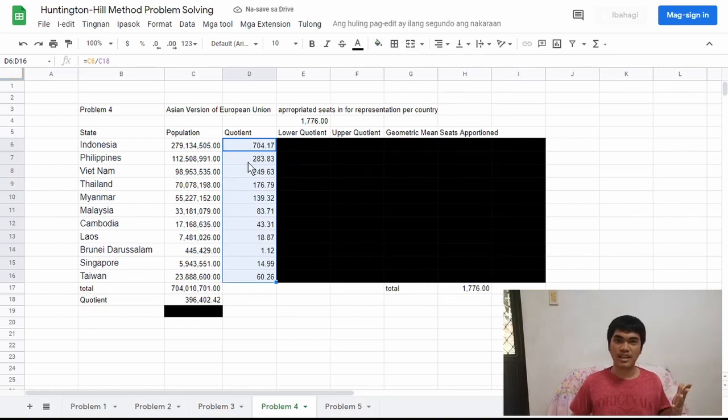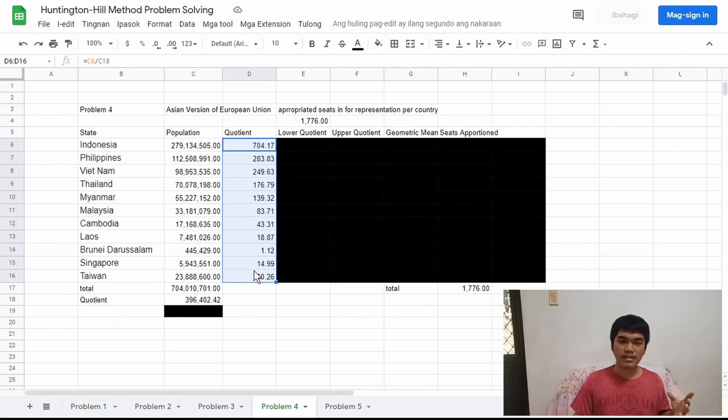Indonesia got the biggest because it has the biggest population there, which is 704.17, followed by the Philippines, 283.83, Vietnam, 249.63, Thailand, 176.79, Myanmar, 139.32, Malaysia got 83.71, Cambodia got 43.31, Laos got 18.87, Brunei Darussalam got 1.12.